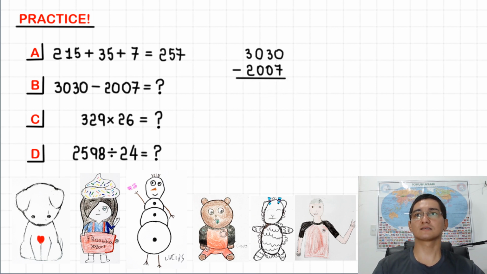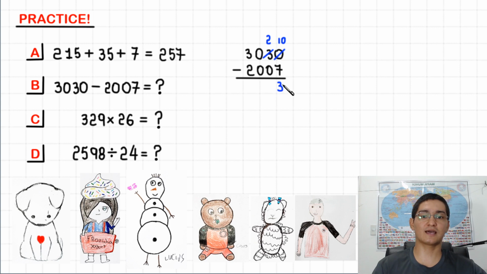So let's start. We cannot take 7 out of 0, so we take 1 from here. Here we have 3. Well, now we only have 2, because I took 1 from here, and the one that I took from here is worth 10 here. Here I had 0, now I have 10, okay? And 10 minus 7 equals 3.